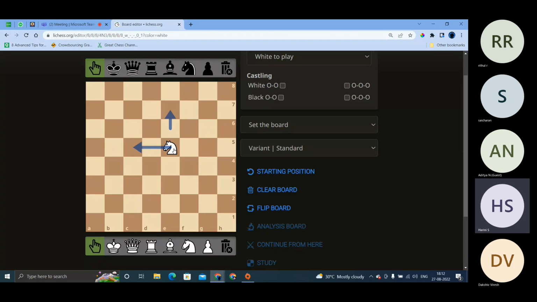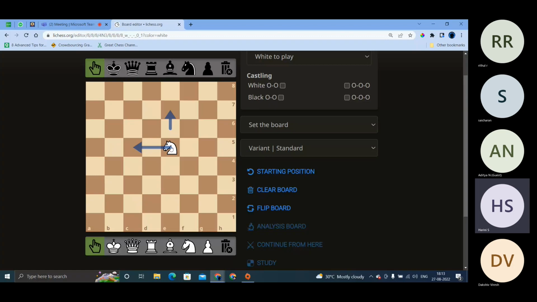The knight travels two squares in the same direction. Then it will take a turn and land on the immediate square.